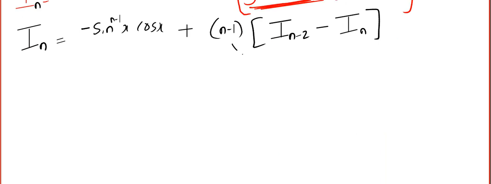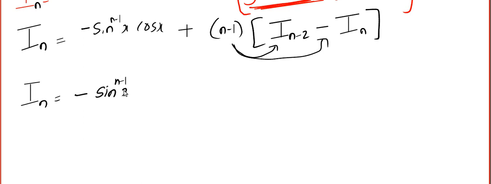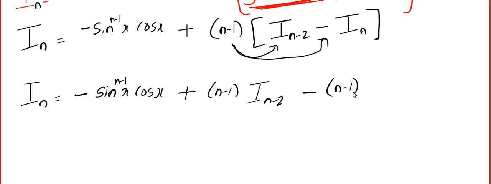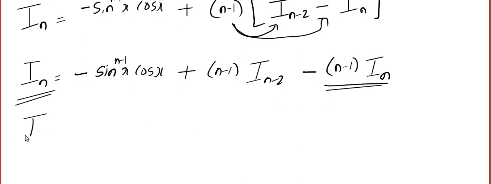Okay, so let's distribute this, and we get I_n equal to minus sine to the power n minus 1 x cos x plus n minus 1 I_n minus 2 minus n minus 1 I_n. And now what we do is we solve, our aim is to find the value of I_n.